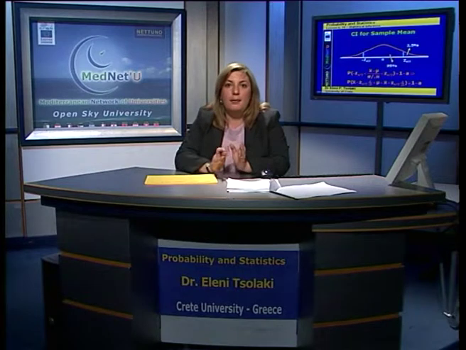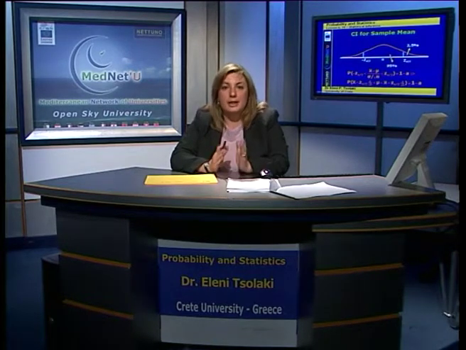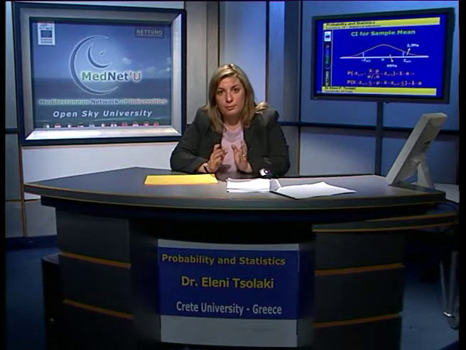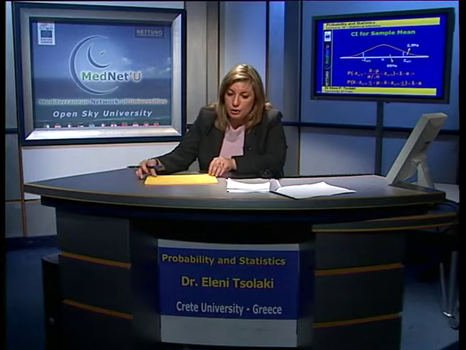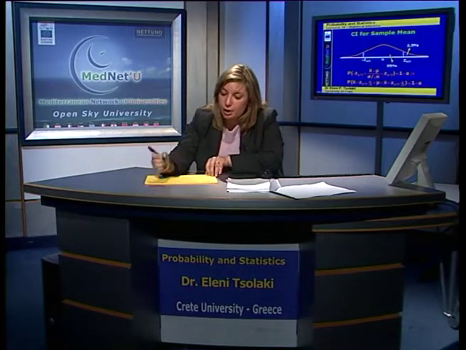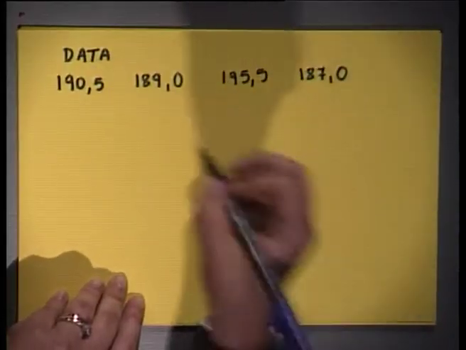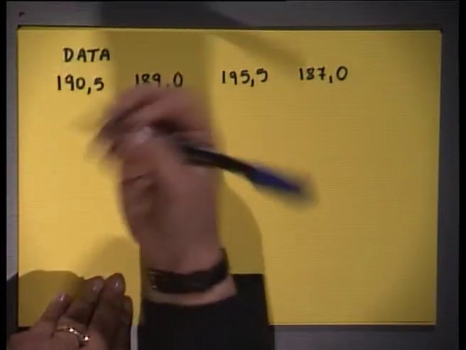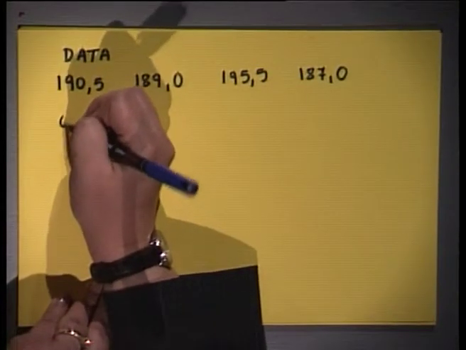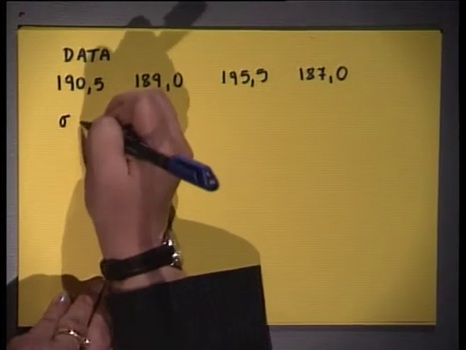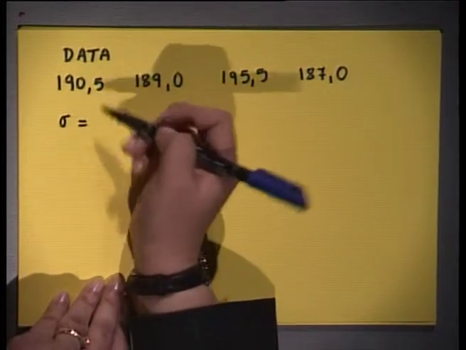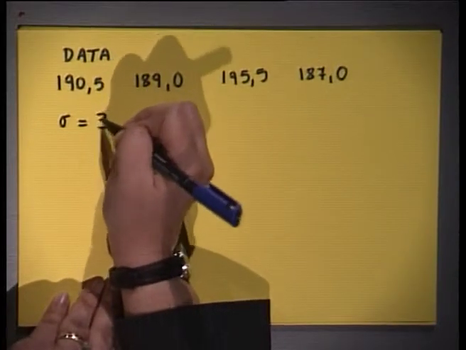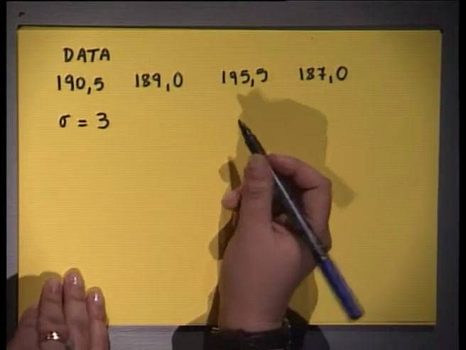But in reality, we have to be careful. We have to understand that n should be large. So we know that these data come from a population whose standard deviation is known, which is 3.